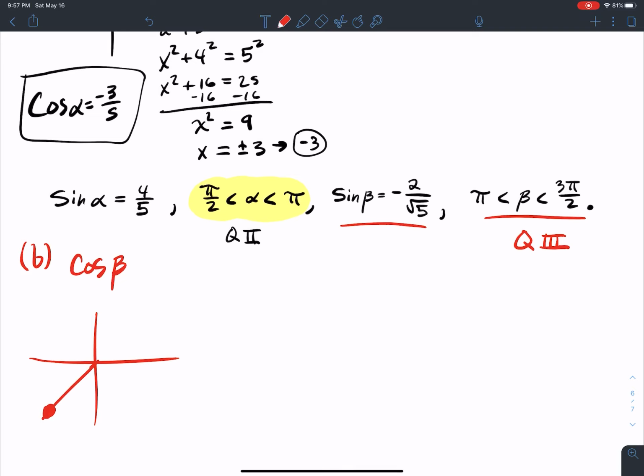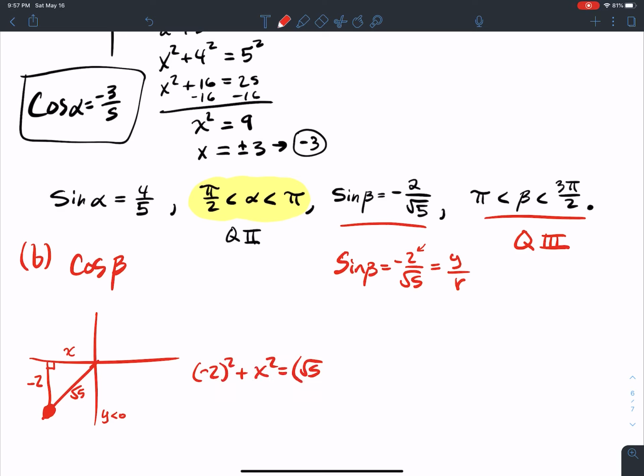They tell me that the sine of beta is negative 2 over square root 5, which is y over r. I know r can't be negative, so the y value, y is less than 0 here, so going down a negative 2, and then the hypotenuse is square root 5. So really, I've got to figure out my x again. How do I do this? Pythagorean theorem: negative 2 squared plus x squared equals square root 5 squared.